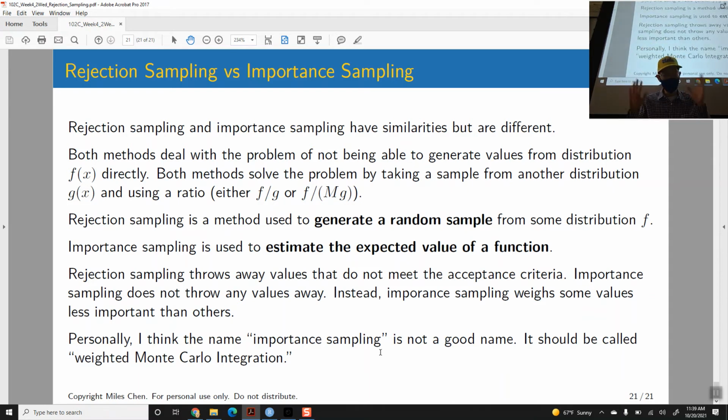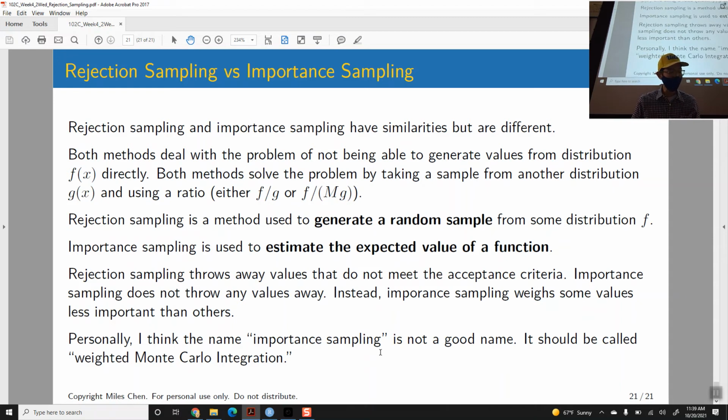So in both scenarios, we're dealing with the problem of not being able to generate values directly from some distribution f, and both methods say the solution is to use a function g that you are able to generate values from, okay? And we use some kind of ratio f over g or f over m times g, okay?